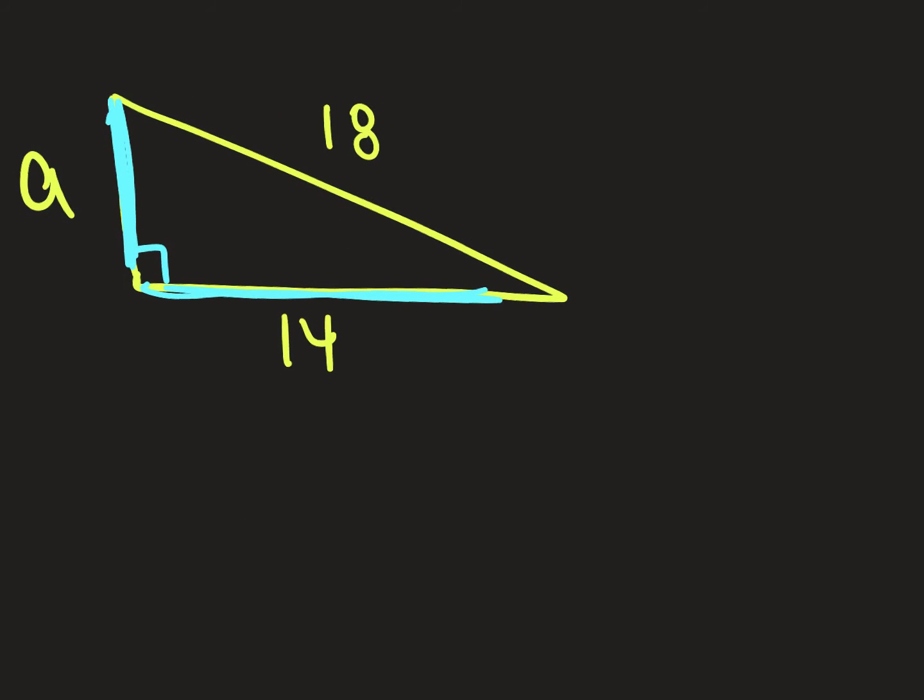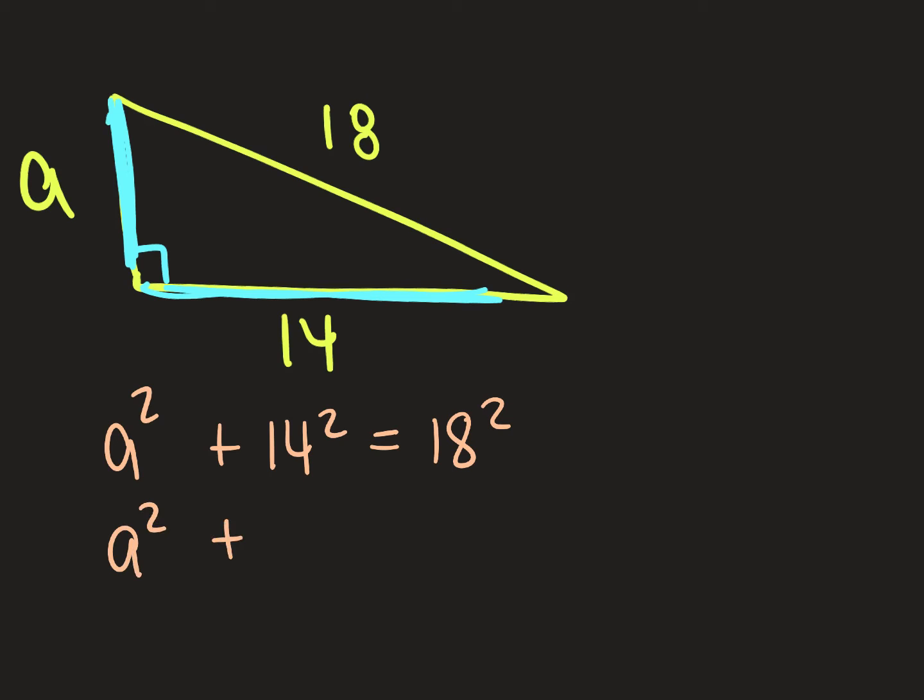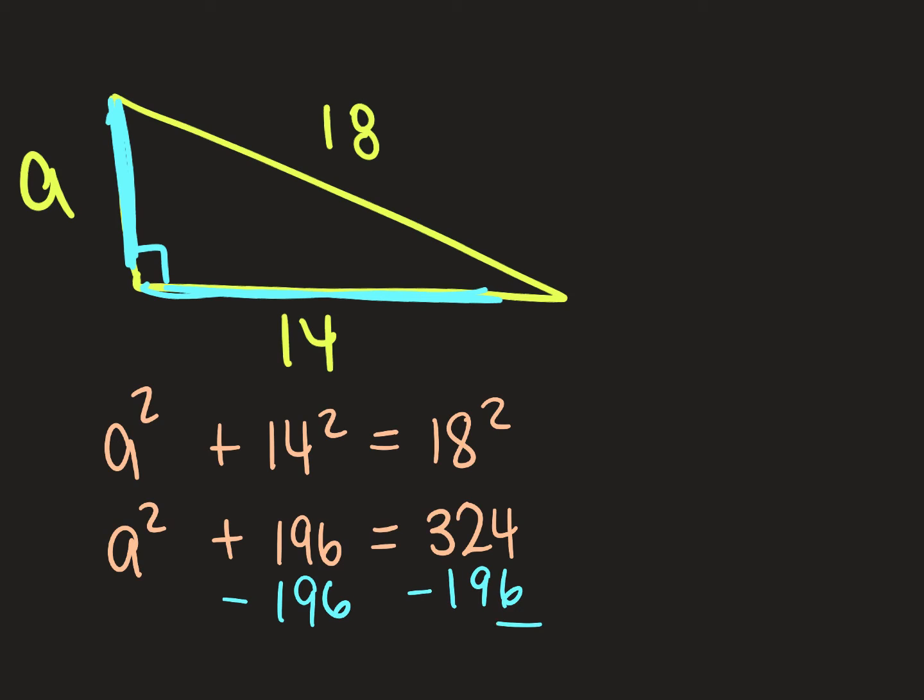Okay, so our first line of work would say a squared plus 14 squared equals 18 squared. Our second line of work would say a squared plus 196 equals 324. Now to solve this equation, I need to subtract 196, 14 squared, from each side.